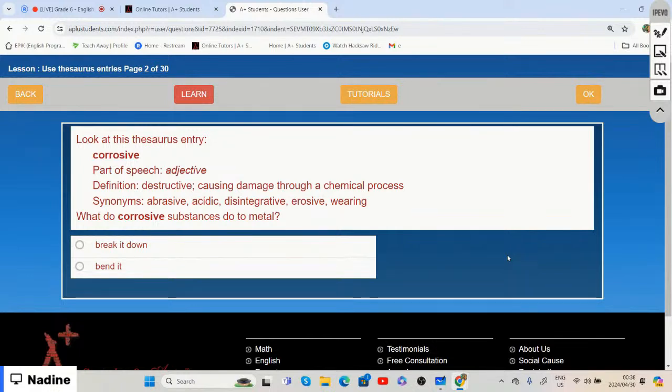And our synonyms of corrosive are abrasive, acidic, disintegrative, erosive, or wearing.